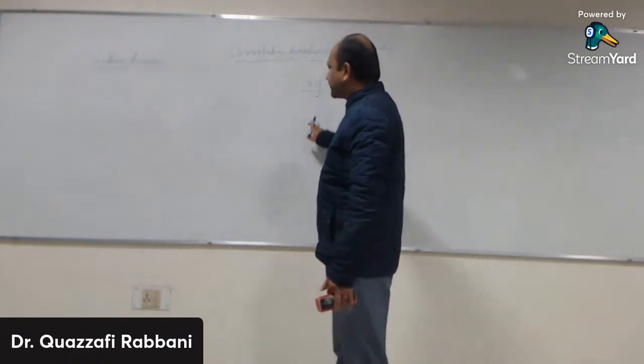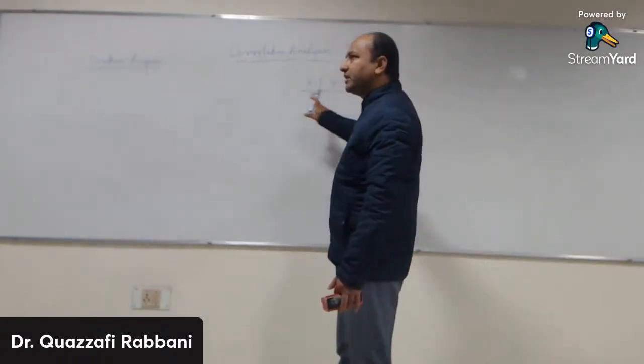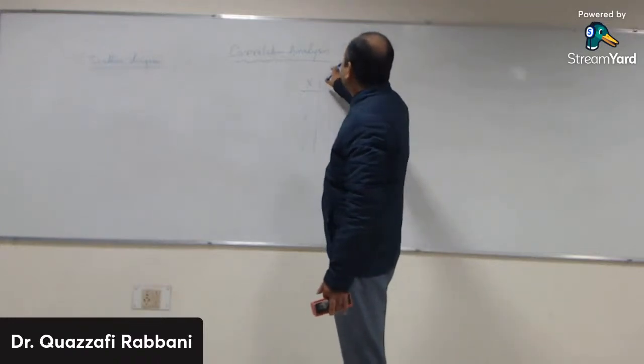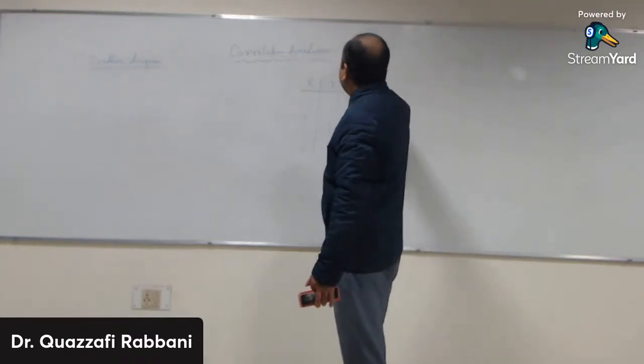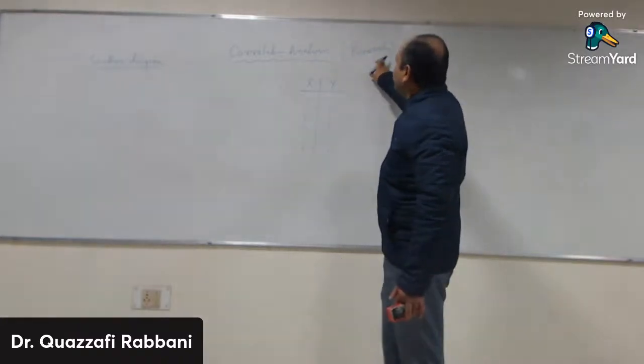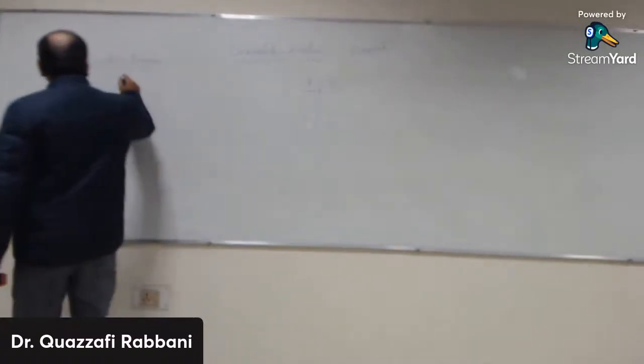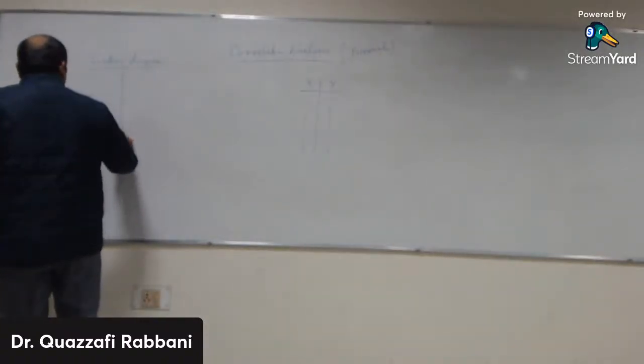Suppose the values of x and y are given. There are two variables. We already told you that we study two variables, bivariate data, and now these two variables are plotted on the graph.